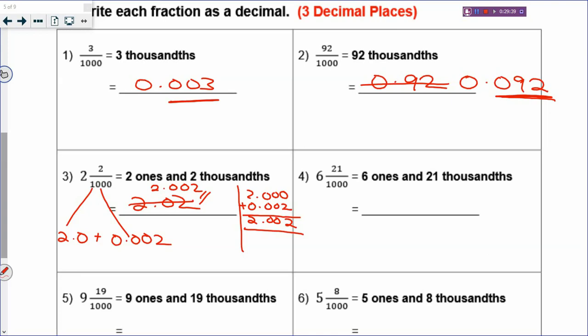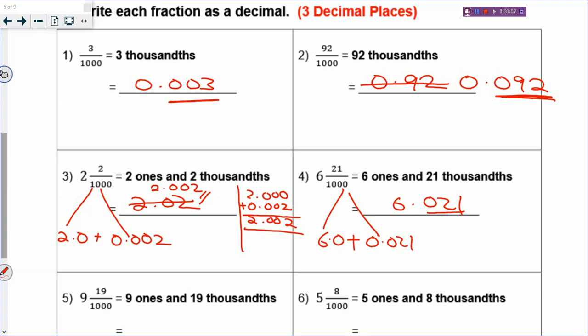Those of you who are very good already, you will know the answer, 6.021. Because there's a thousand, there's 3 decimal places, which means your answer must have 3 decimal places. But I will still do the longer way, just to make sure that you know how to do it. 6 wholes change into decimal, 6.0. 21 over 1000 will be 0.021.